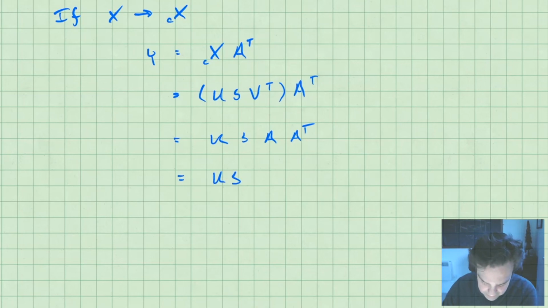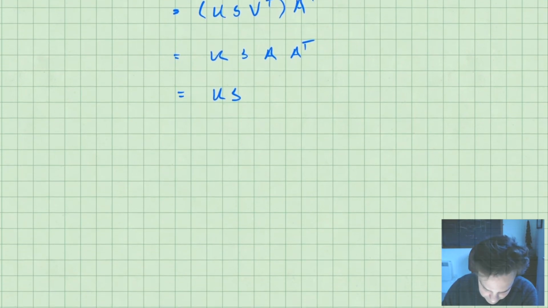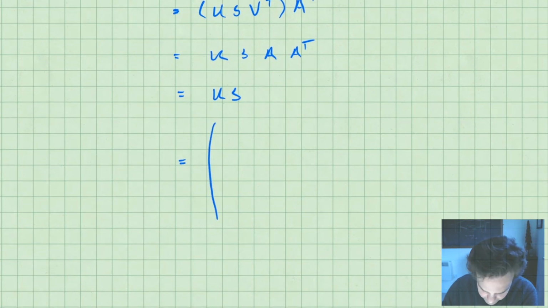And so this is U times S, right? And what does this look like? So it looks kind of like this. We've got the square root of lambda 1 times a column of the U matrix, like this. And it has r elements to it, but you can fill it with zeros.